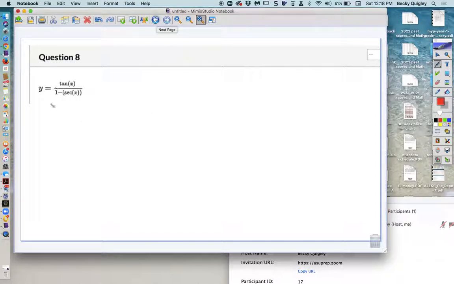All right, I did want to do one of these trickier type where we have to use the quotient rule. So let's get one similar again. Cotangent x divided by 1 minus cosecant x. So not exactly the same, but similar enough. So here we're going to be using the quotient rule.